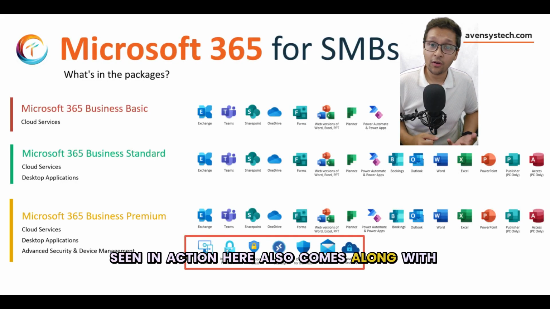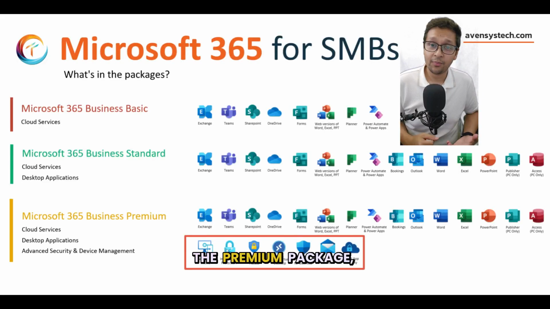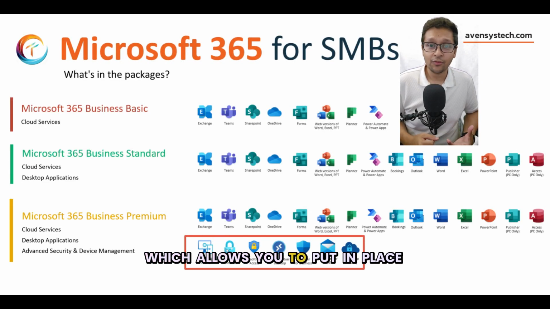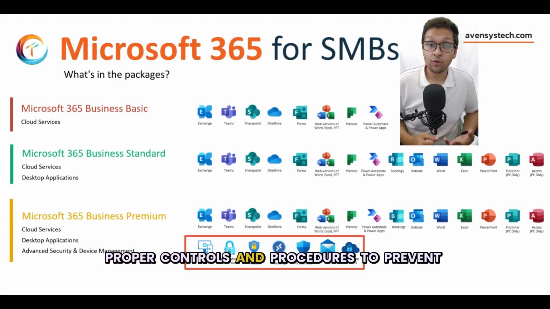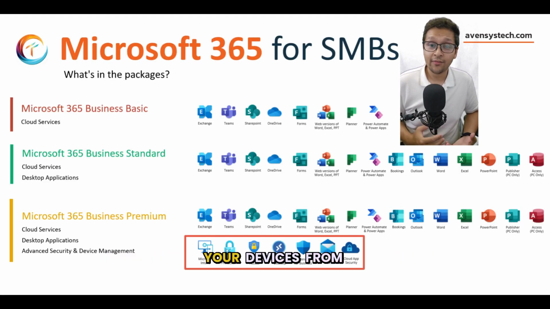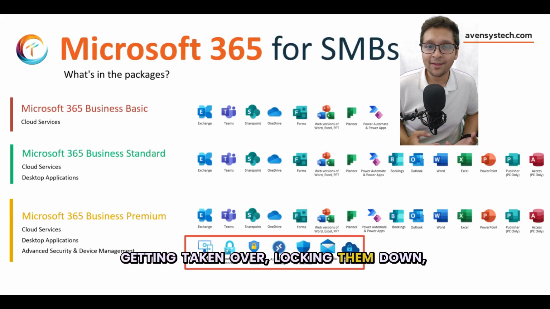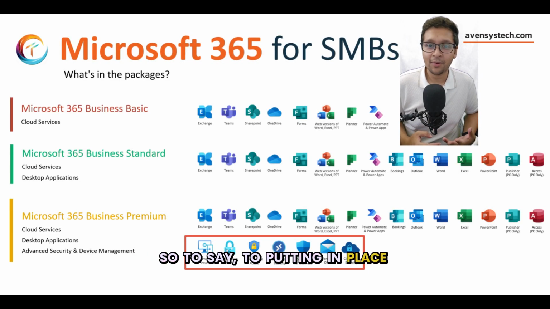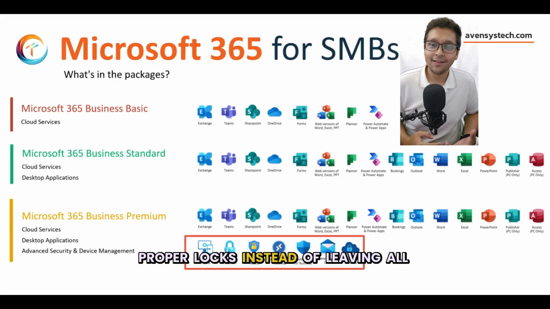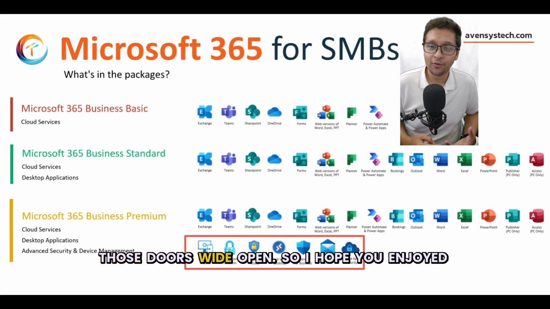It also comes along with the Intune device management suite, which allows you to put in place proper controls and procedures to prevent your devices from getting taken over, locking them down, so to say, putting in place proper locks instead of leaving all those doors wide open.